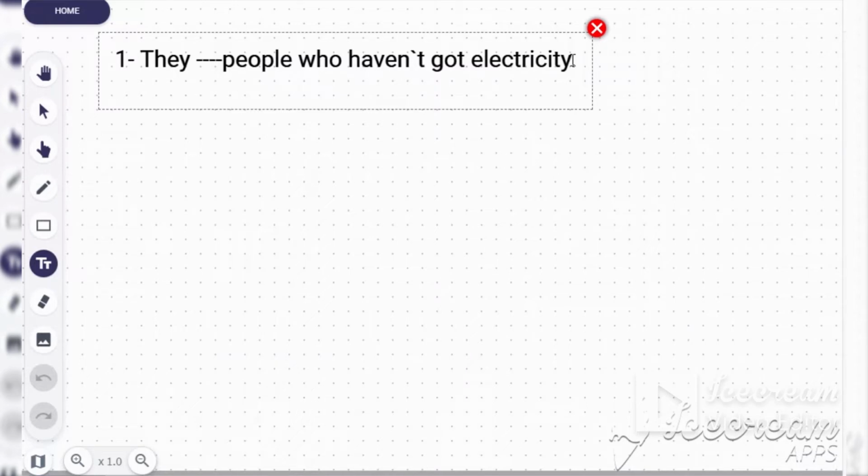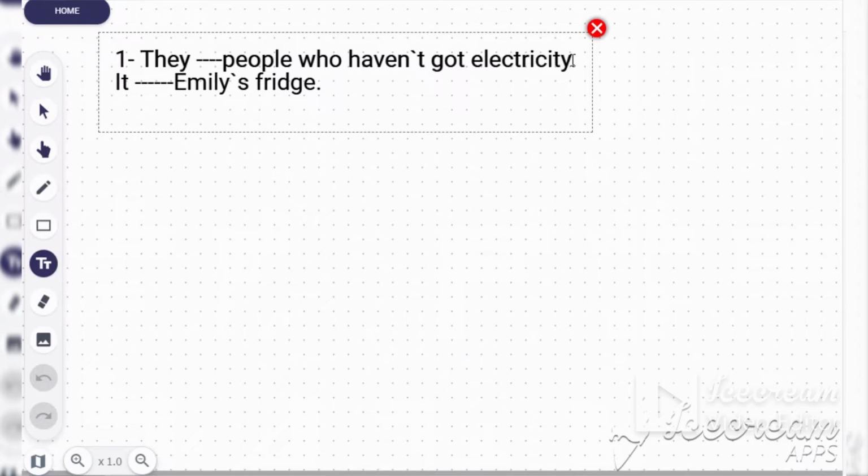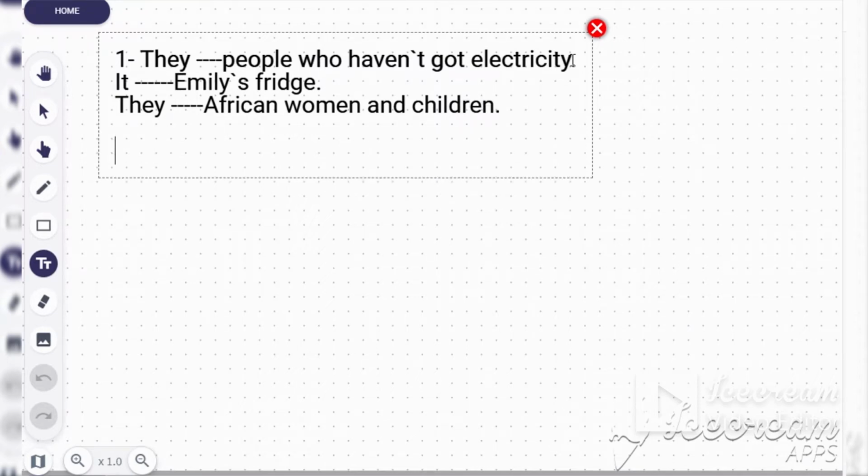And it refers to Emily's fridge. And they also refers to African women and children. These are the answers to question number 1.